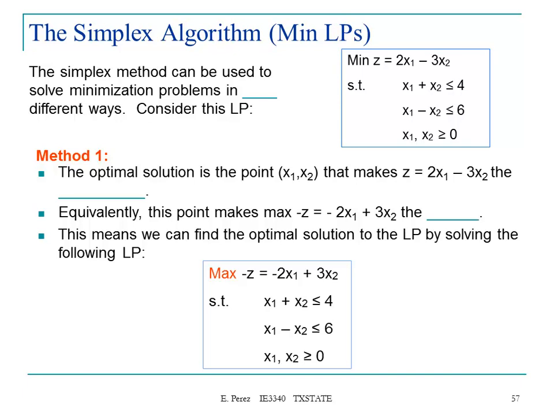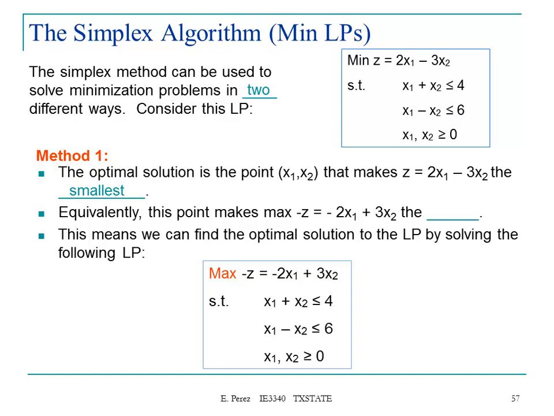For the minimization case, the Simplex method can be used to solve this type of problem in two different ways. So there are two different methods. The first one, we're going to use the same methodology that we use for the maximization problem, but we're going to modify the problem a little bit. The optimal solution, the point x1 and x2, is the one that makes this objective function the smallest.